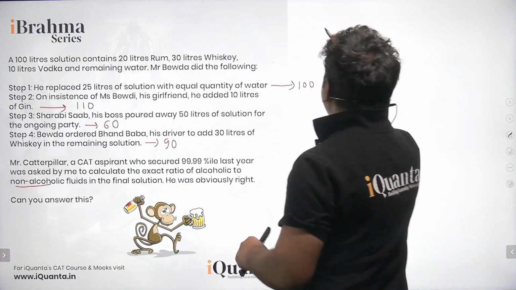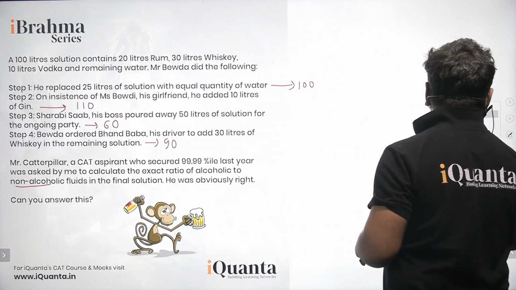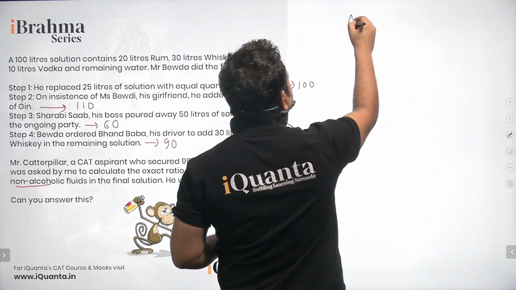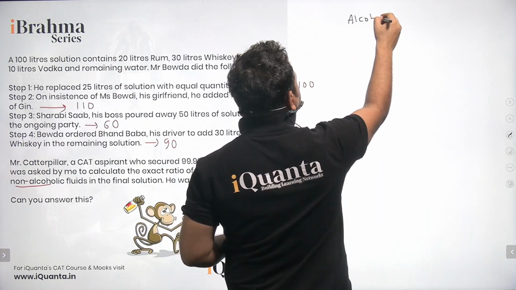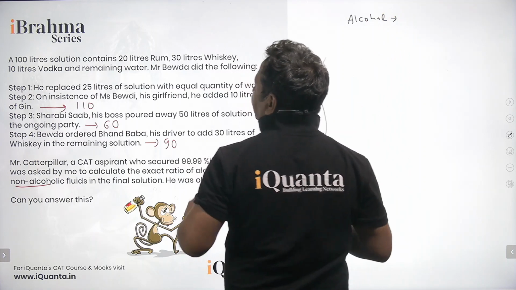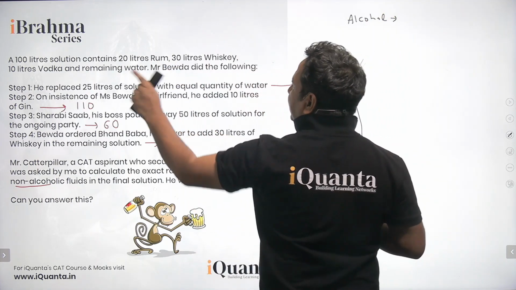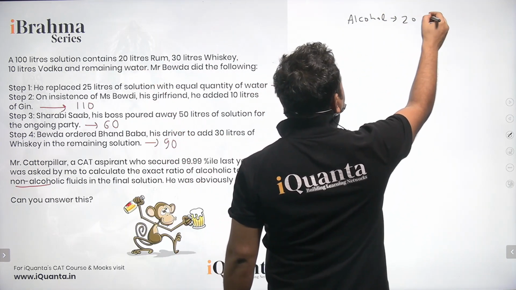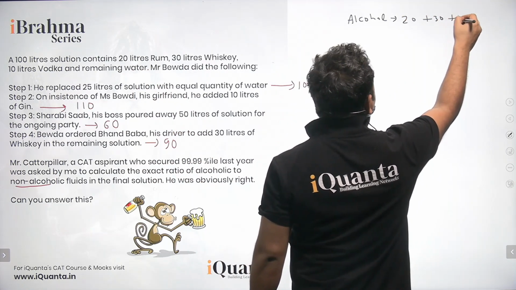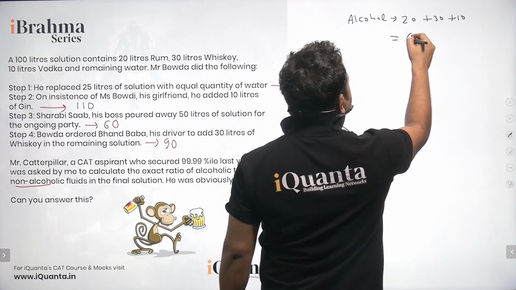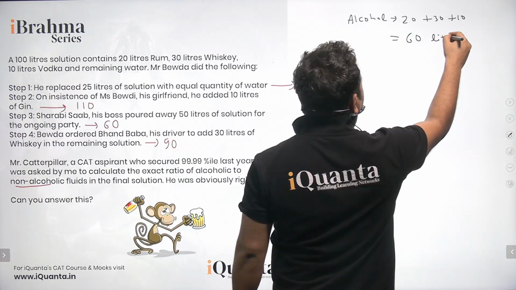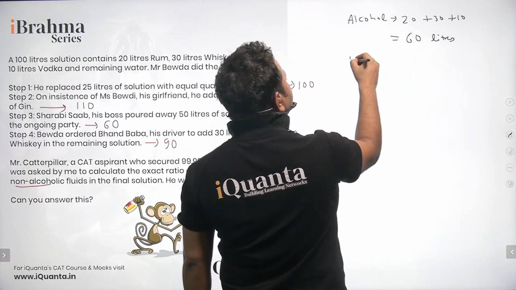So, first of all, we'll have to analyze what is the alcoholic content. So alcohol will be the sum of rum, whiskey and vodka, that is 20 plus 30 plus 10, that is 60 liters, that will be alcohol. And the remaining quantity is water.